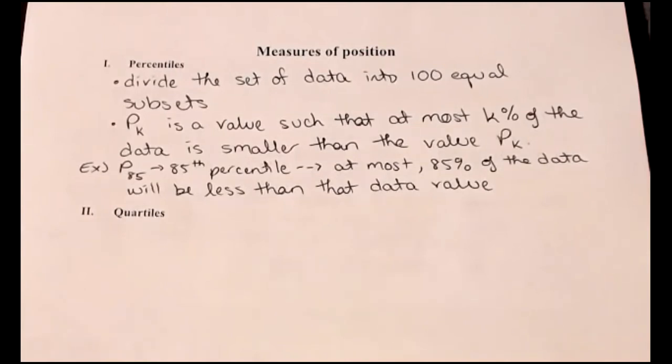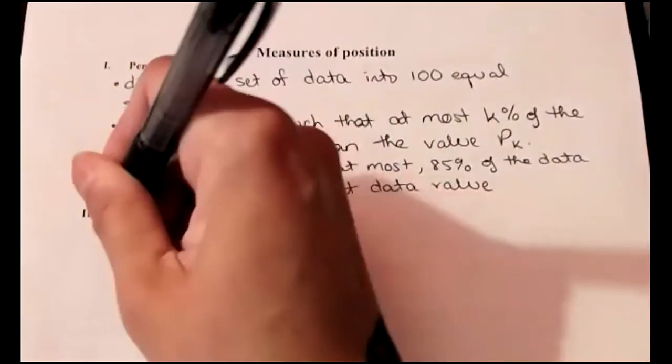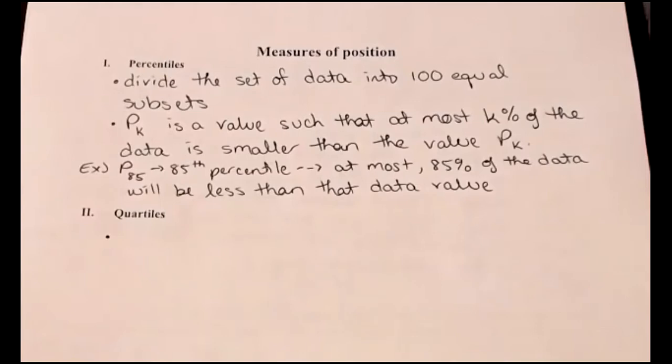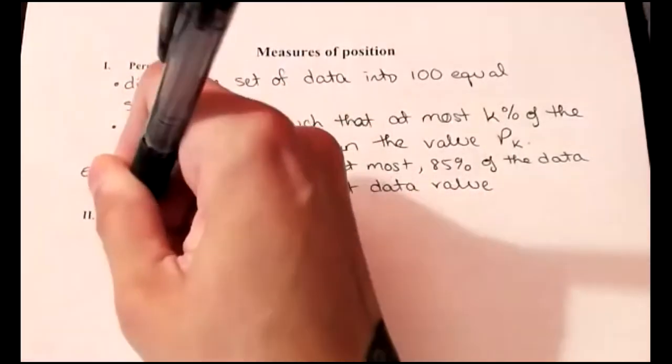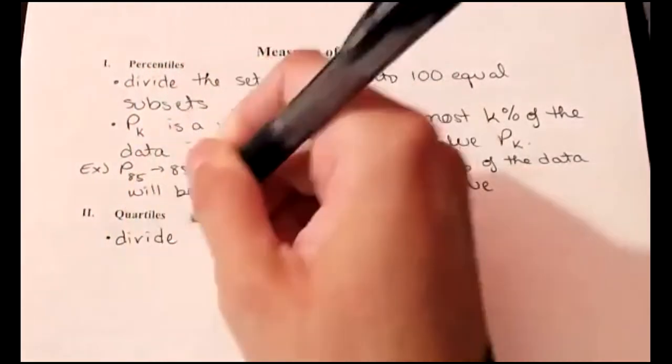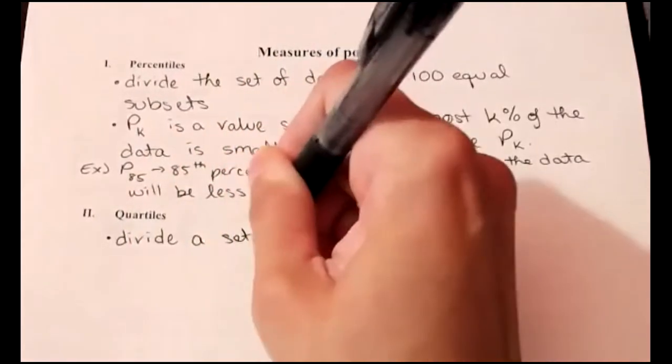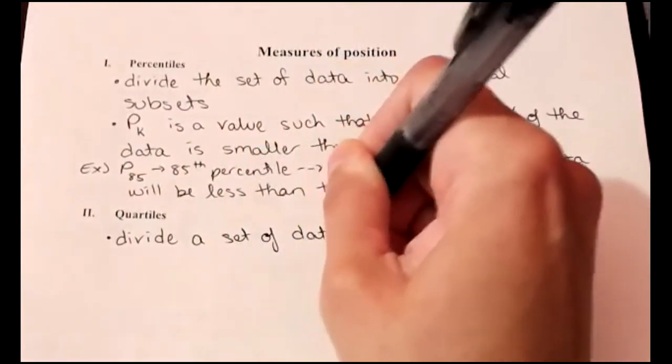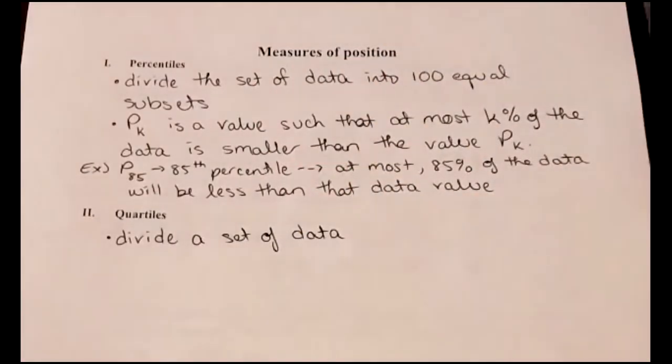Next, we have quartiles. When you hear quartiles, I want you to think quarters: first quarter, second quarter, third quarter, fourth quarter. Think of how you break quarters down, 25%, 50%, 75%, 100%. So quartiles divide a set of data into 4 equal subsets.